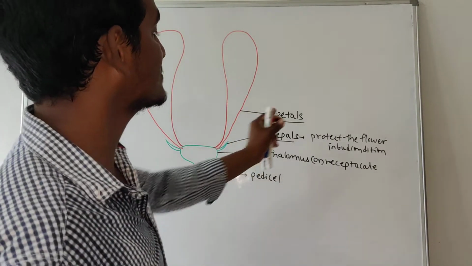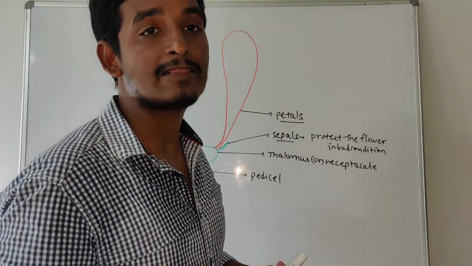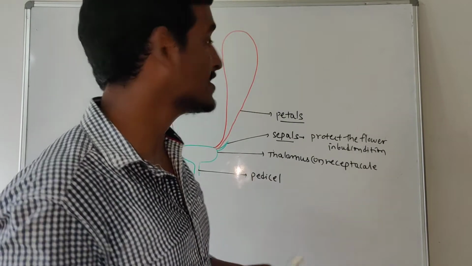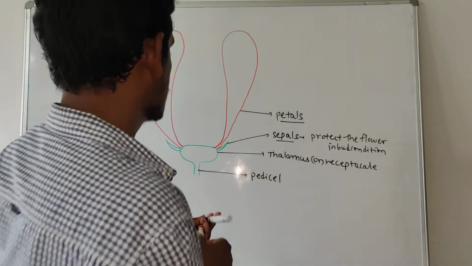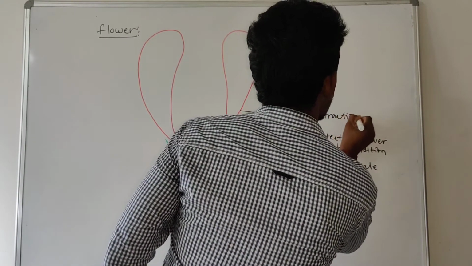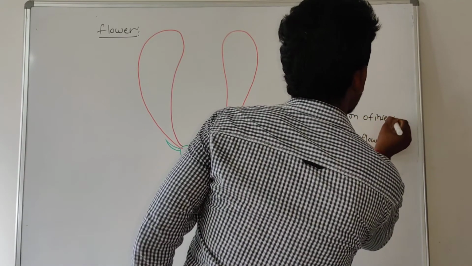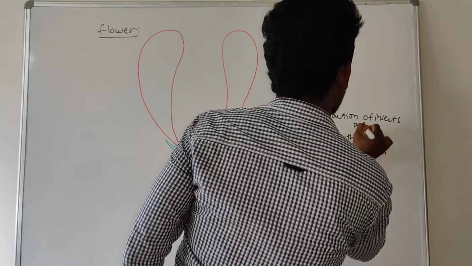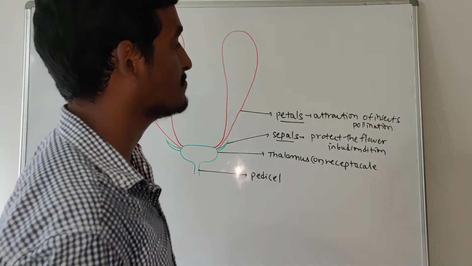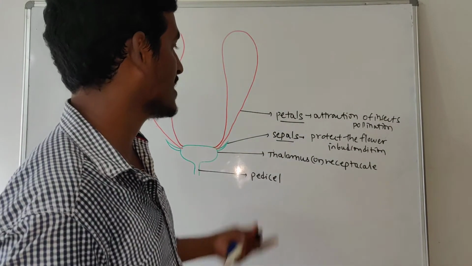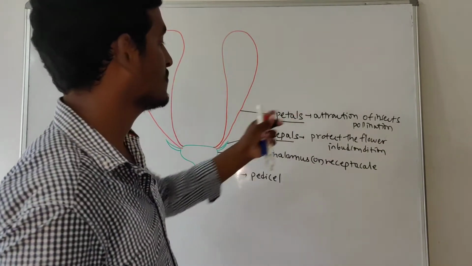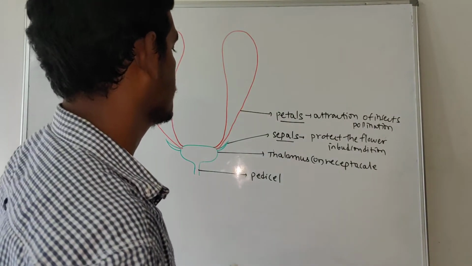Because it helps in attracting insects, and those insects help in pollination. That is the main function of petals: attraction of insects for pollination. Not only insects but all the various pollinating agents, butterflies, honeybees. That is about petals. And the fusion or collection of petals is called the corolla.